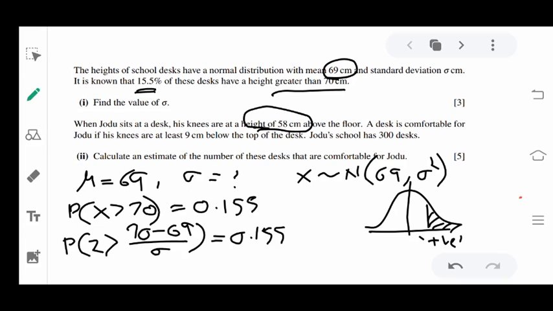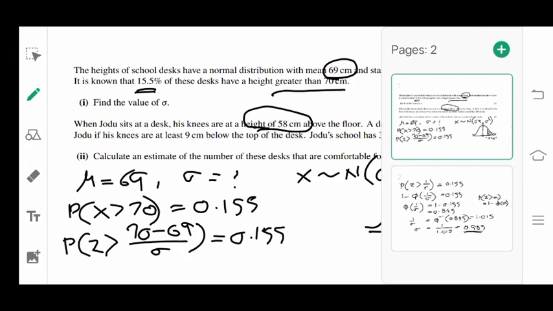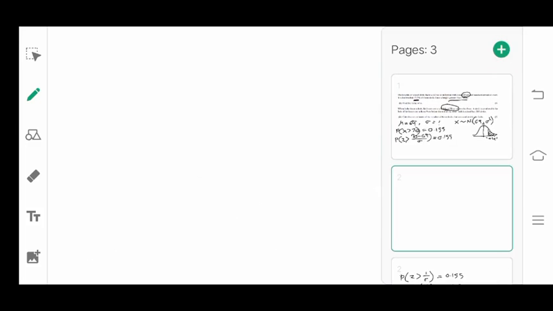Jodu's school has 300 desks. Calculate an estimate of the number of desks that are comfortable for Jodu. At present, Jodu's knees are at 58 centimeters. If the desk is at least 9 centimeters higher, he will be comfortable.